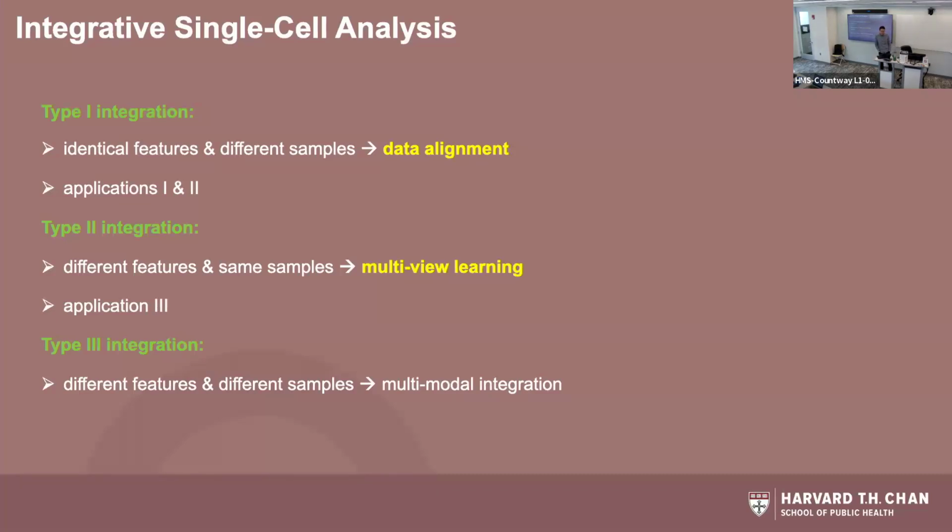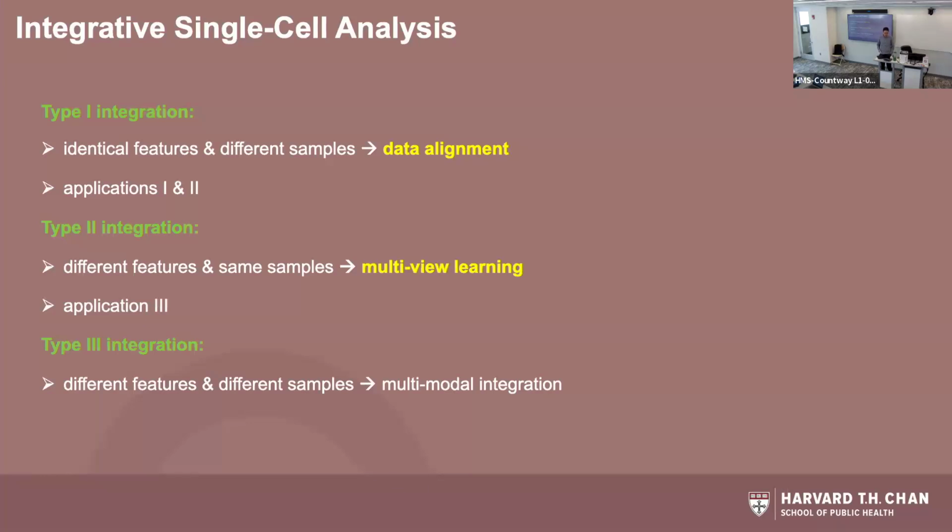Basically, identical features but different samples. We want to aggregate samples together. And in this case, we can call it data alignment. We want to align the samples under the same features.